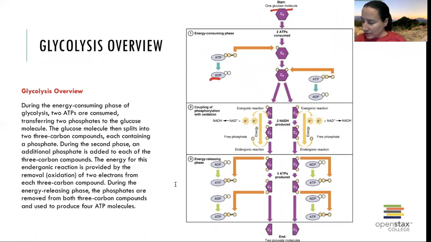There's our ATP coming in. And at the end are 2 pyruvate molecules, and a net of 2 ATP at the end of this step. And if we have oxygen, we're going to continue on to the next step of cellular respiration, which is going to be the citric acid cycle in the mitochondria.